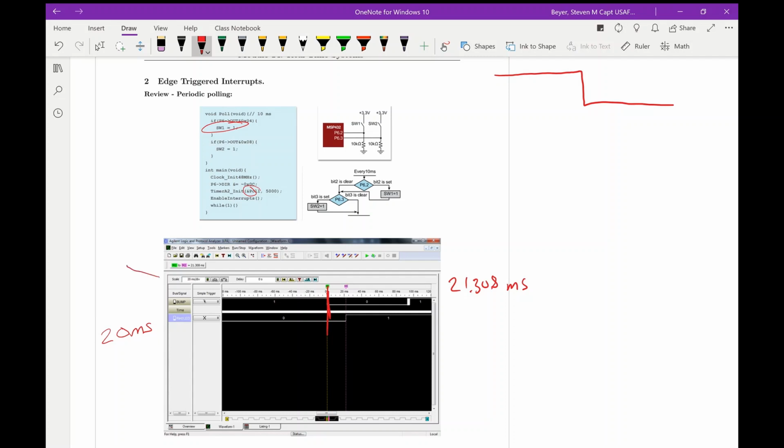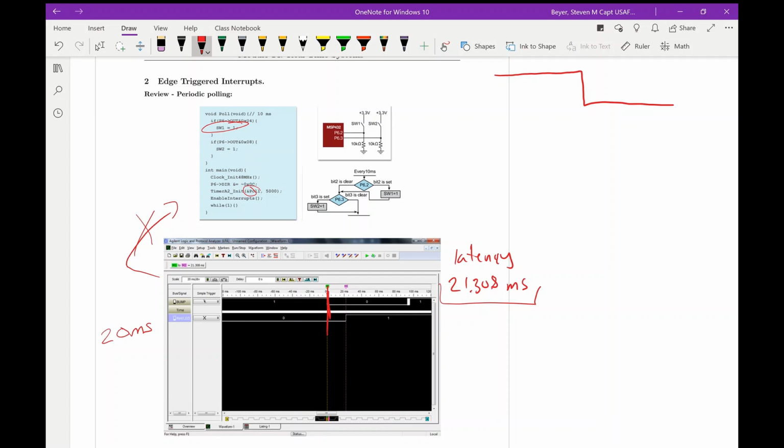This is just an example up here, and this is a different example where, if a bump is hit, then the LED turns on, and we're looking at a periodic interrupt of 20 milliseconds. So it took 21.308 milliseconds. We're going to come back to this number, this is latency here. We're going to see what this number looks like if we use edge triggered interrupts instead.